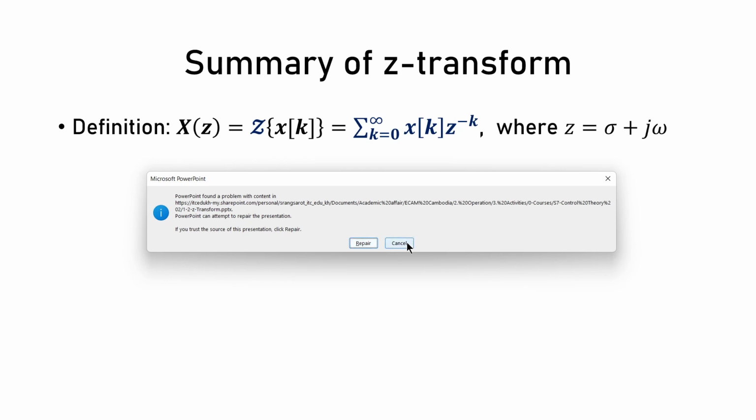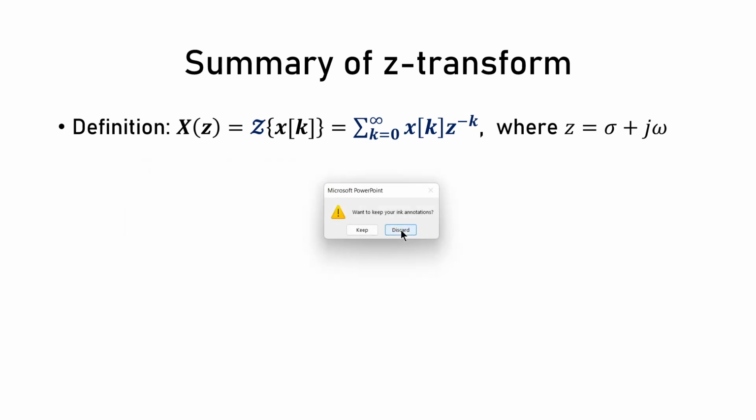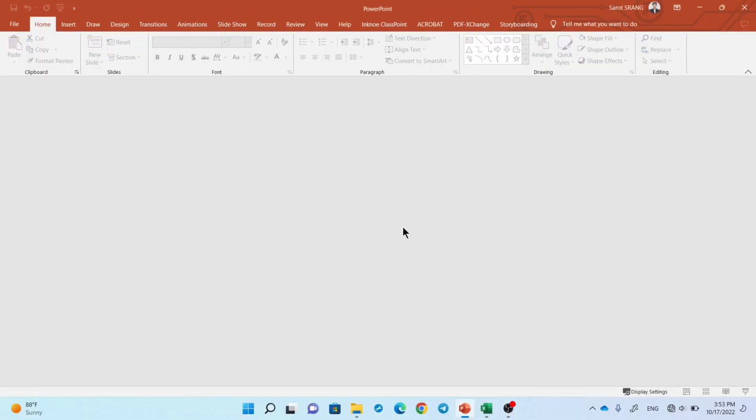If I use this, I don't know what happened to my PC today. It's going to restart.